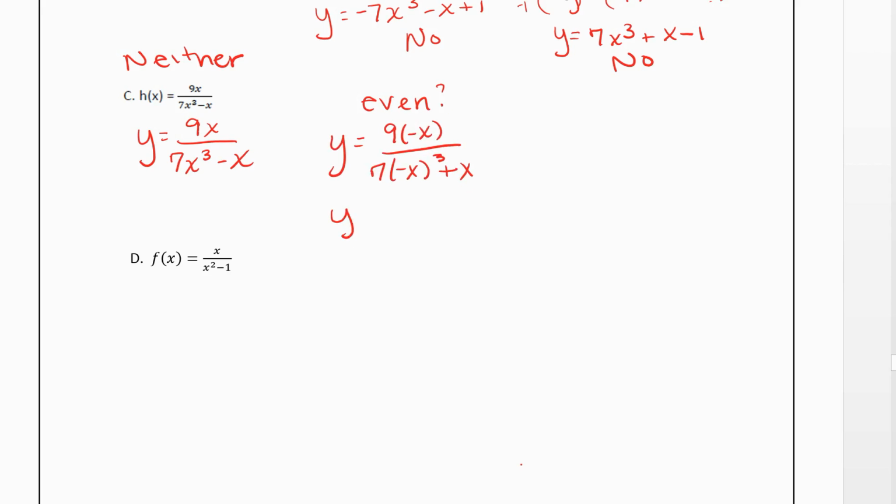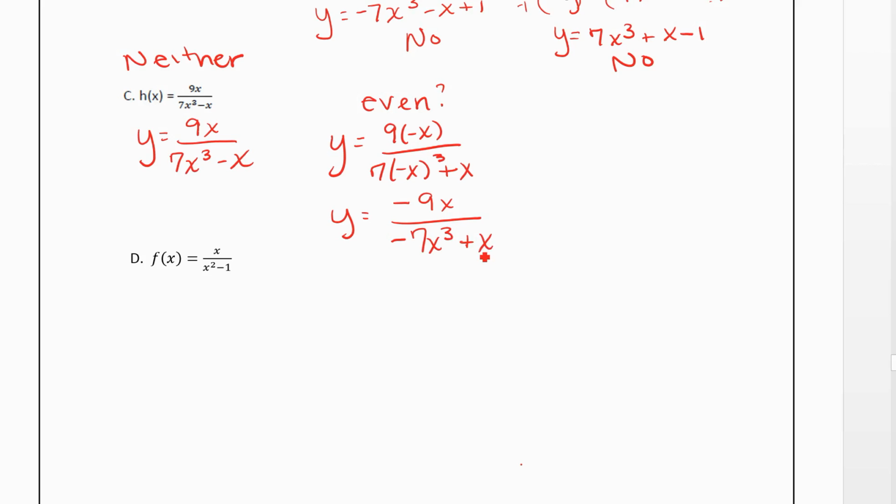So if we simplify this, really all we can do, this becomes negative 9x, and then this negative x cubed, remember, will be a negative x cubed. So whenever it's an odd power, you will get that negative out in front. Whenever it's an even power, it will just become x to that even power.